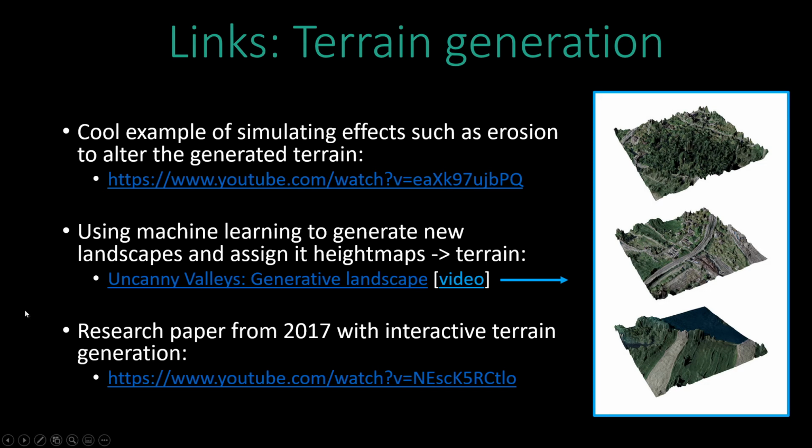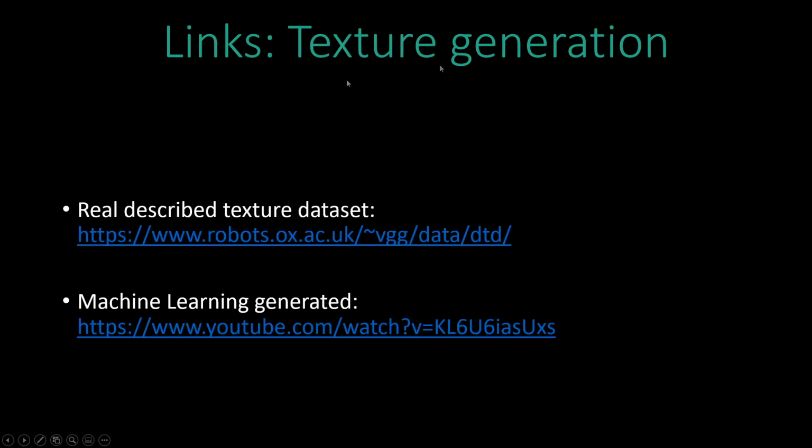Okay, so there is another research paper here from 2017, which someone else was doing, some interactive terrain generation. And then the other topic, for those who would be interested, is texture generation.